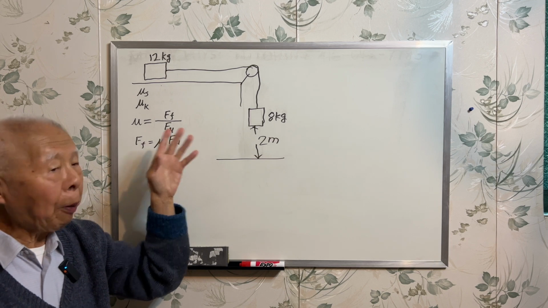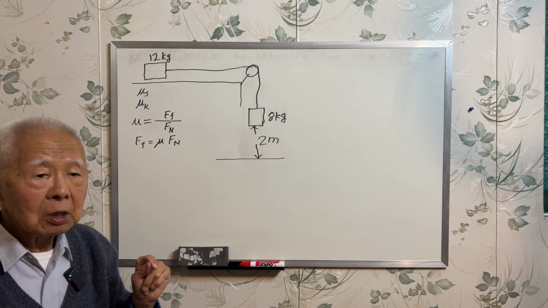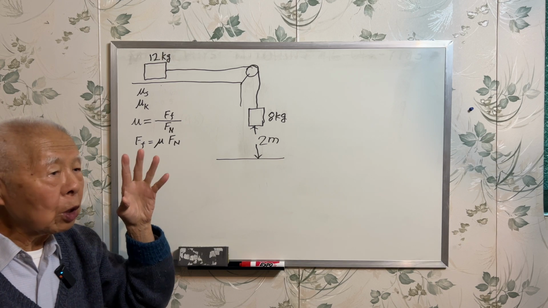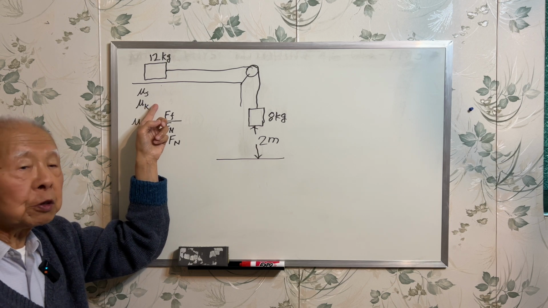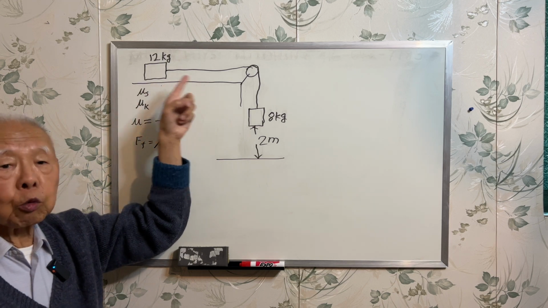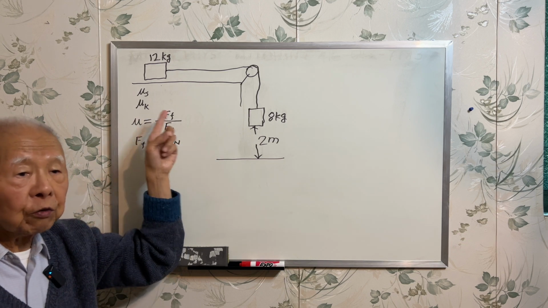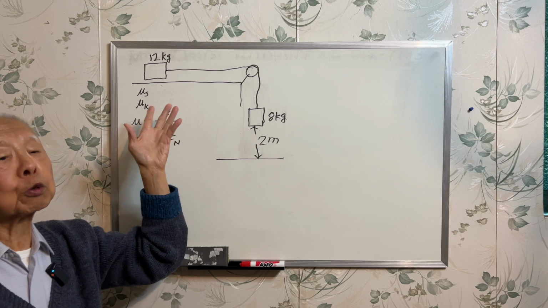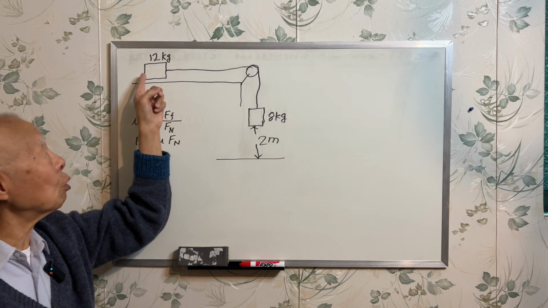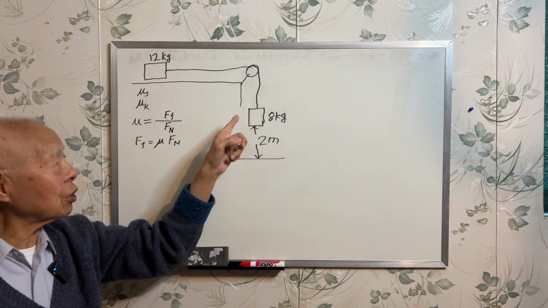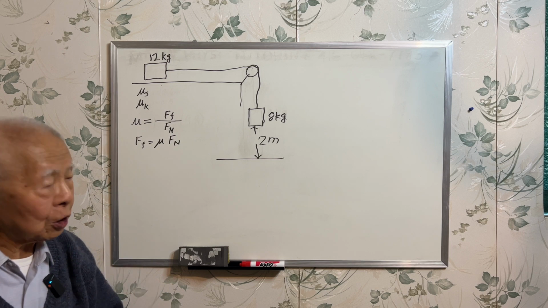Let's suppose the two masses are not moving. So we will compare the force of friction and the force which pulls it, which one is bigger. If the friction force is bigger, it won't move. If the friction force is smaller, this will move to the right-hand side, and this will drop down. So let's find out that first.